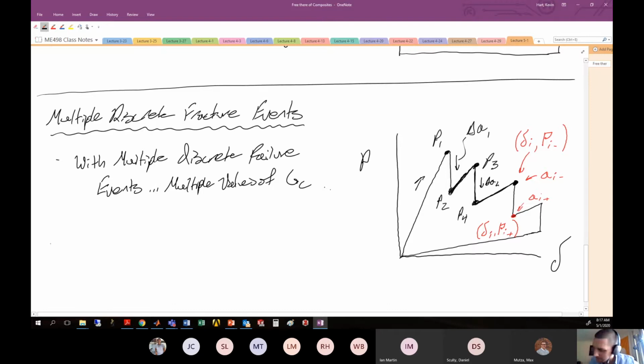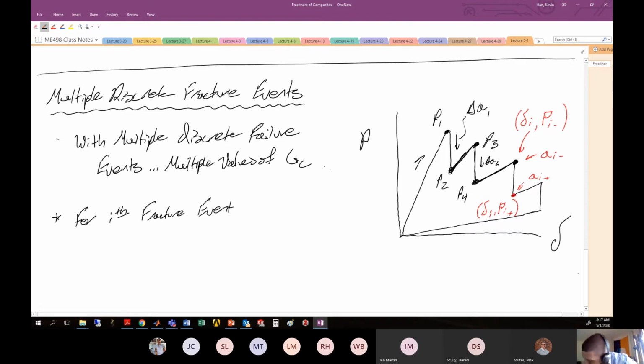So let's define some of these things. So for the ith fracture event, the crosshead displacement is delta i.